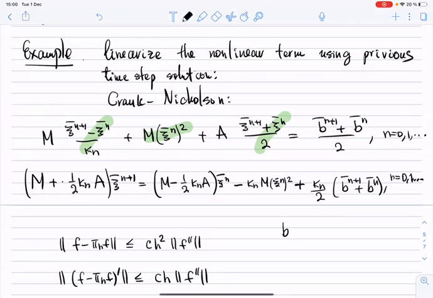So b_i is the integral of f phi_i(x) dx, of course.